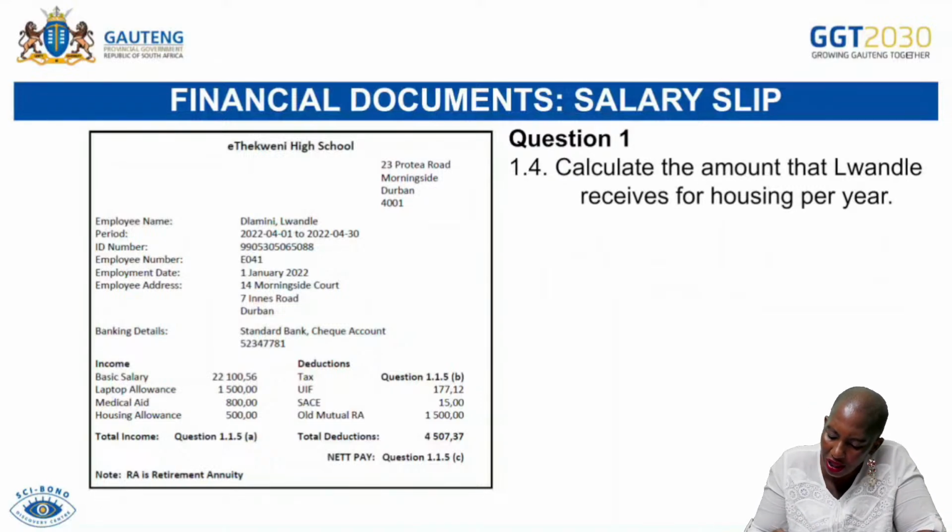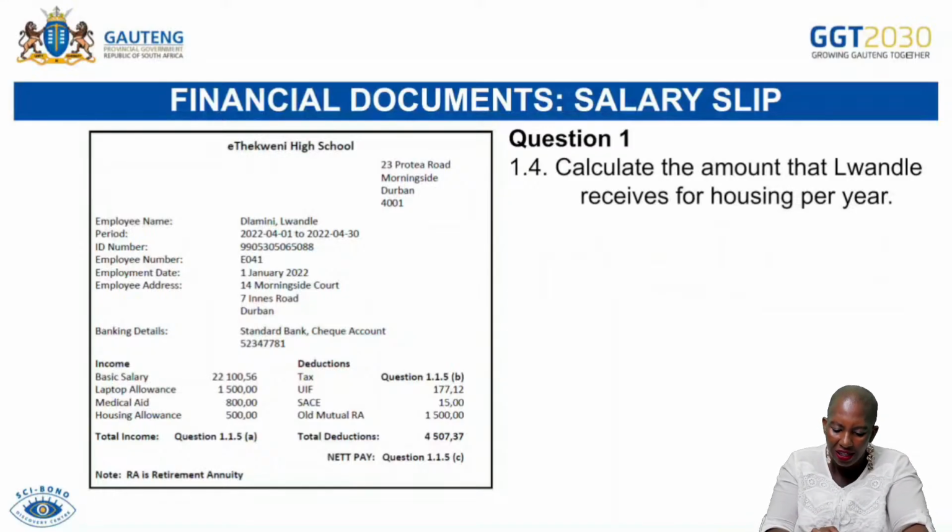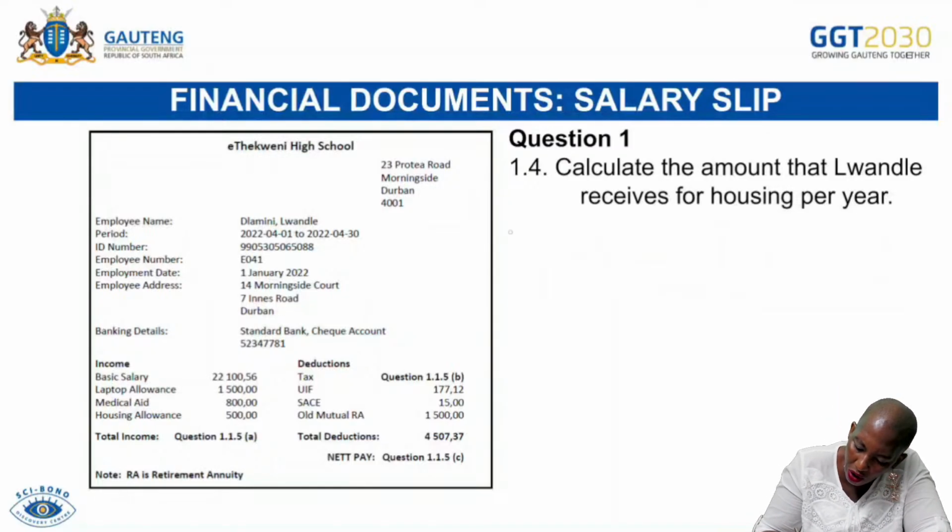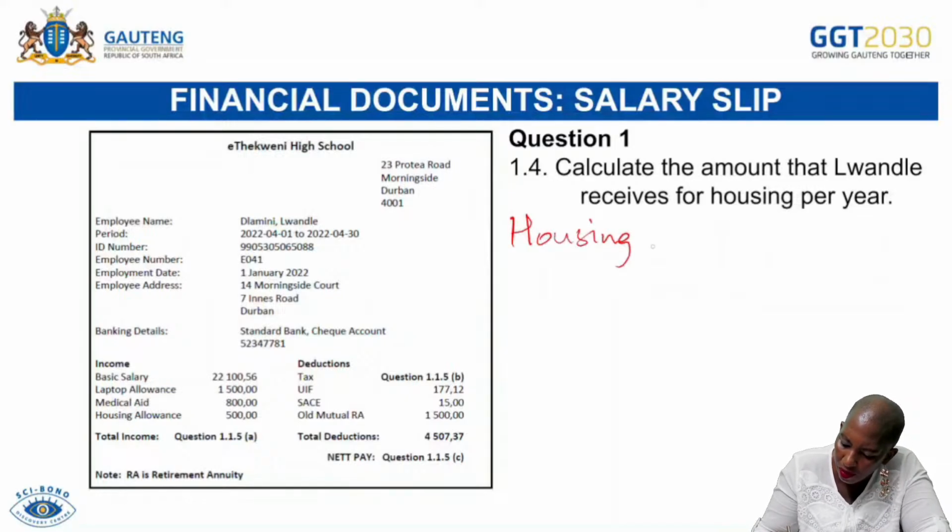It says, calculate the next one. Calculate the amount that Lwandle receives for housing per year. How much is Lwandle receiving for housing per year? So now, on a monthly basis, Lwandle is receiving housing per year.